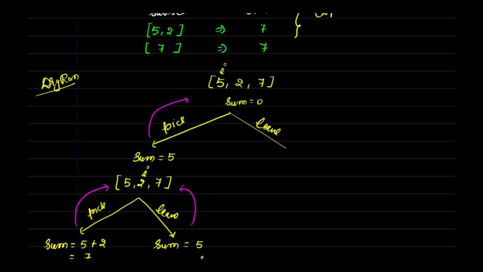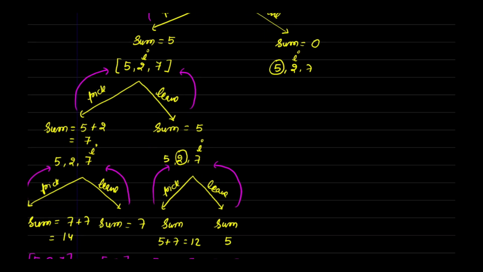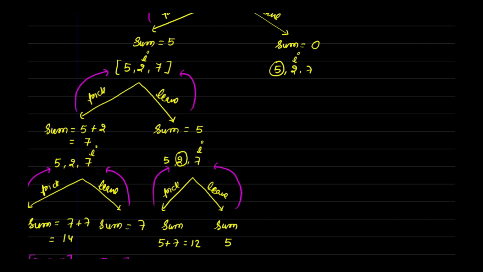Now here, when the sum was 0 and we left the index element 5, then my sum will be the same 0, nothing is added as we have left, and my array will be 5, 2, 7, and this is the left part. Now my index is increased by 1, so the index will be here. I have two choices.